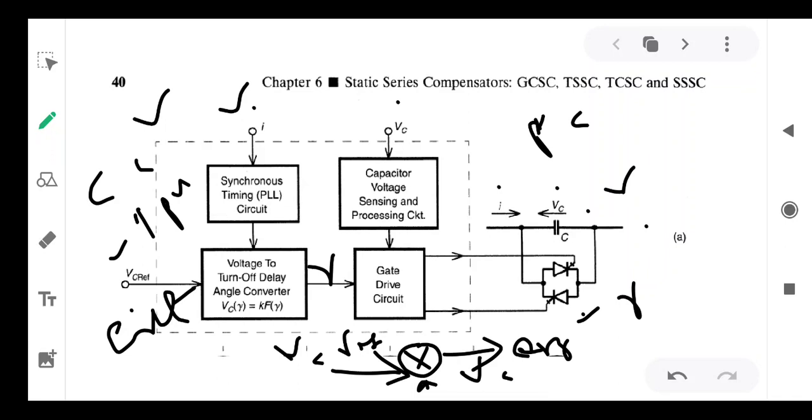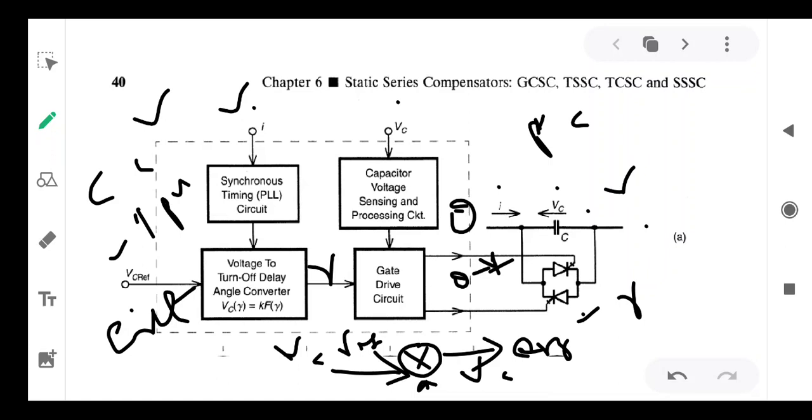So this gamma and theta are summed here, and theta star is used to control the gamma of the anti-parallel combination of GTOs. By controlling that, you can control the voltage VC and its waveform as we require.